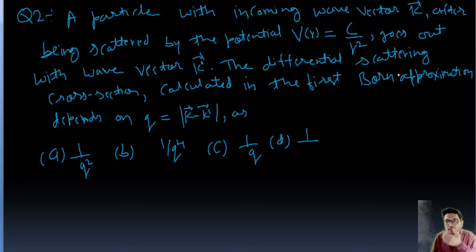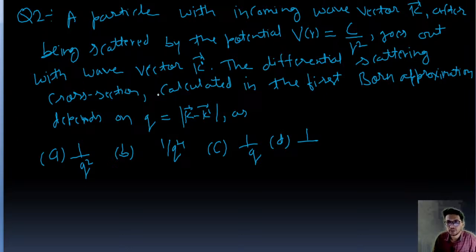The differential cross section calculated in the first Born approximation depends on. So we need to find out the differential cross section, and how the differential cross section varies with q.